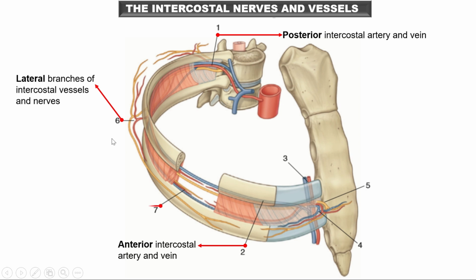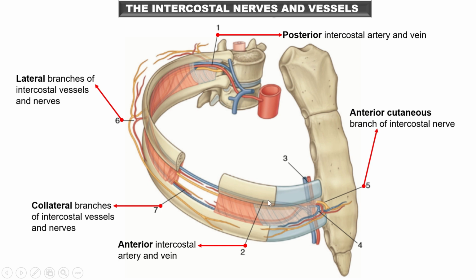And then from that point, we can also see these collateral branches. After giving off these collateral branches, they leave the border or the groove and then move on the superior border of the rib that is below. So these are collateral branches of the intercostal vessels and nerves, and then they will move all the way this side on the anterior intercostal membrane, where the nerve terminates as the anterior cutaneous nerve, this one here, which is going to innervate the cutaneous part of the anterior chest wall.